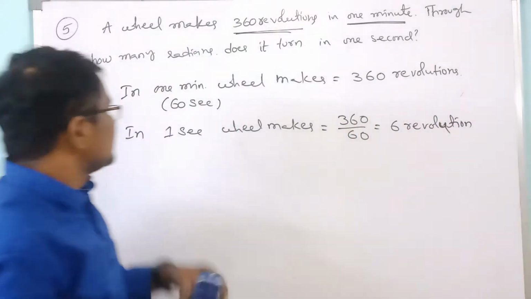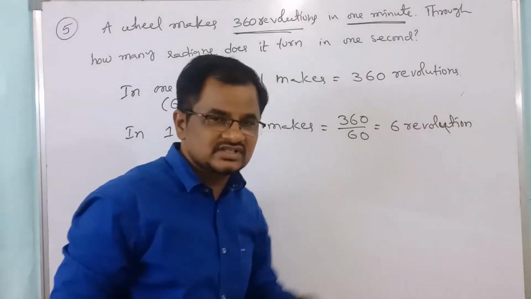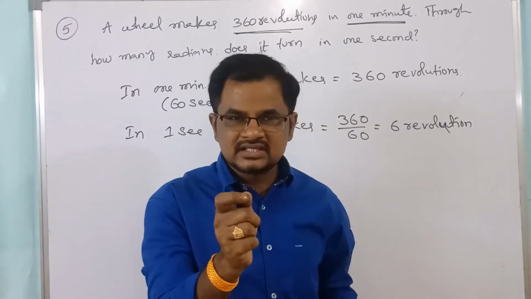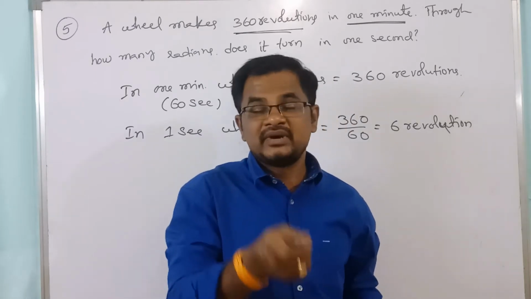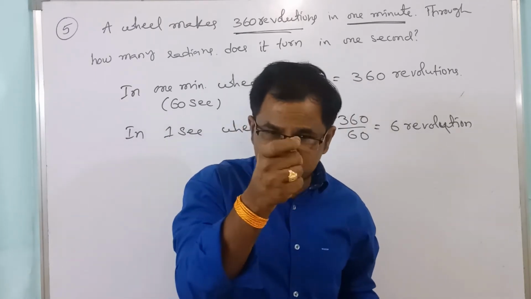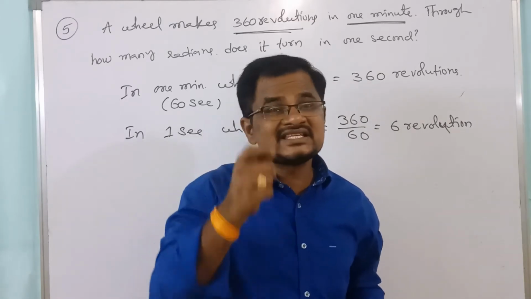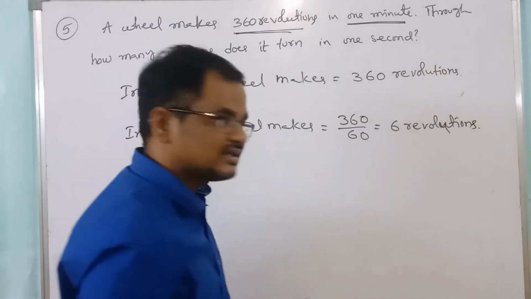It means in 1 minute, in 60 seconds, the wheel makes 360 rotations. But in 1 second, the wheel makes 6 rotations, that is 6 revolutions, right?